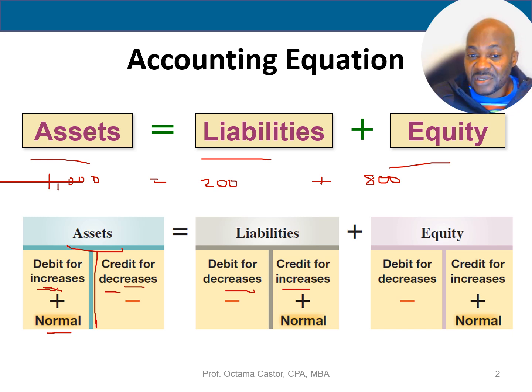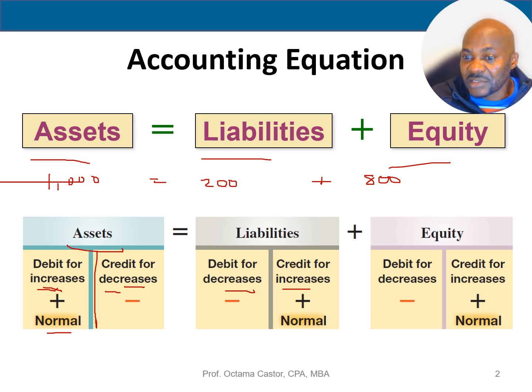That means if you have a negative balance on an asset account, there is something wrong. Either you recorded some transaction incorrectly, or, in the case of cash, for instance, you may have overdrawn your cash account.